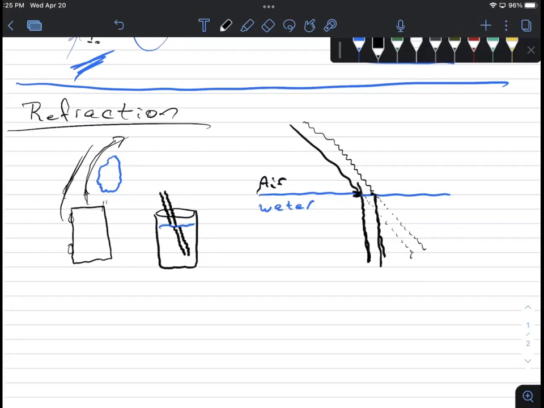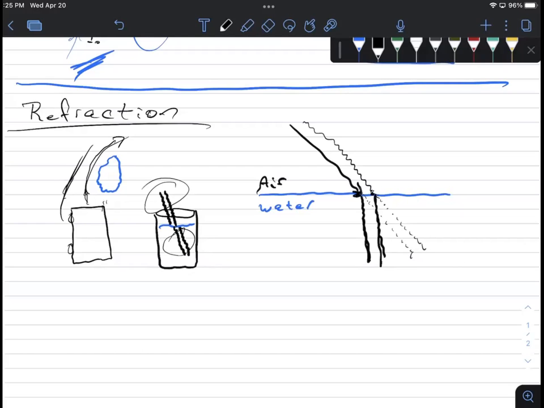It looks like it's in two different pieces. It's the same reason. It's because the light that's coming to your eyes up here only travels through air. But down here, it has to travel through the water, then through the glass, and then to your eyes. And so the light bends slightly instead of moving in a straight line. This is what refraction is.